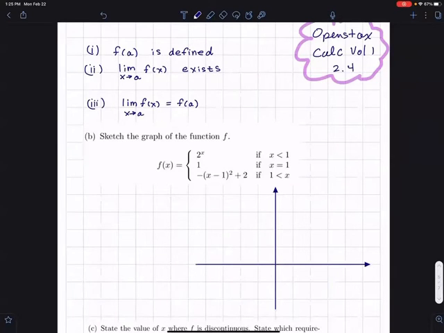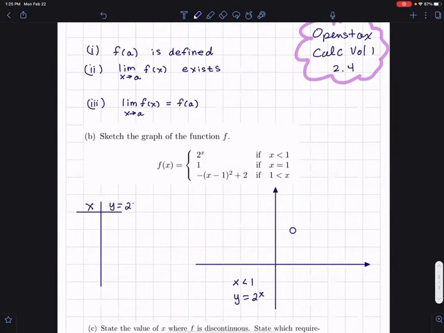The first one is y equals 2 to the x. So you can plot points. So x less than 1 is over here. Even though it's x less than 1, I could put 2 to the 1 and get 2. I'll just put a few points.